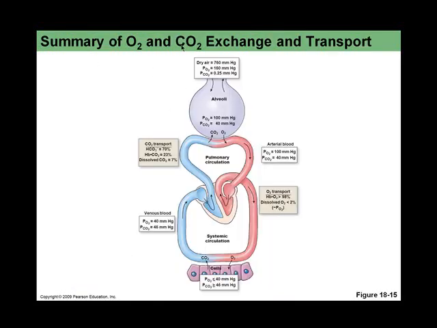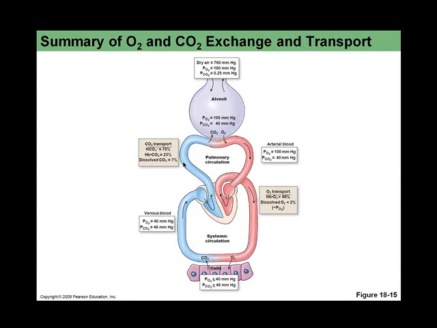So the summary of the O2 and the CO2 exchange is shown in this slide at the alveolus. I'll let you look at the air one. Let's just look at what ends up in the alveolus. PO2 100, which matches the venous side of the pulmonary circuit. The PCO2 40, which also matches the venous side of the pulmonary circuit.